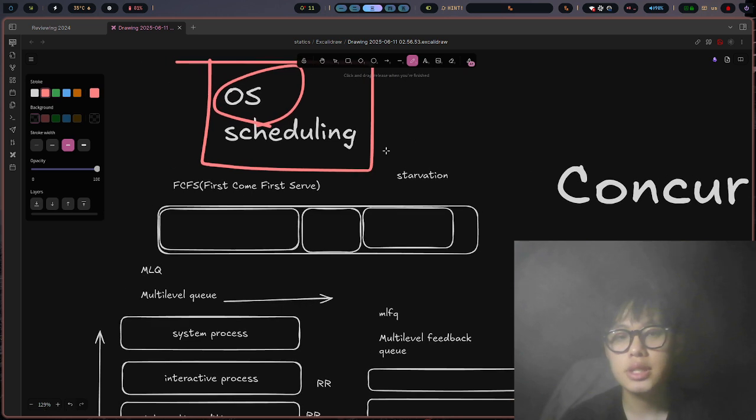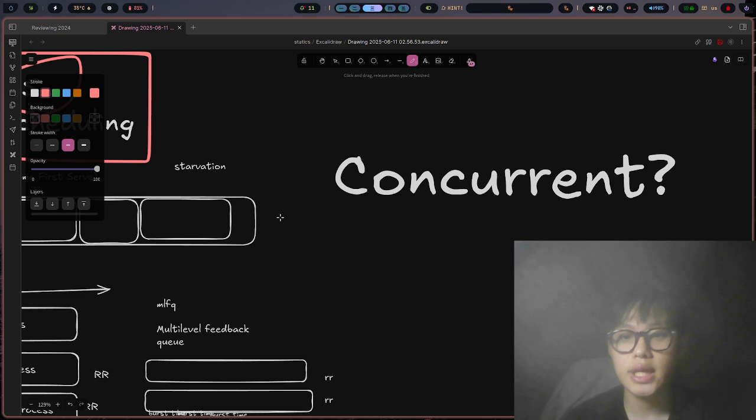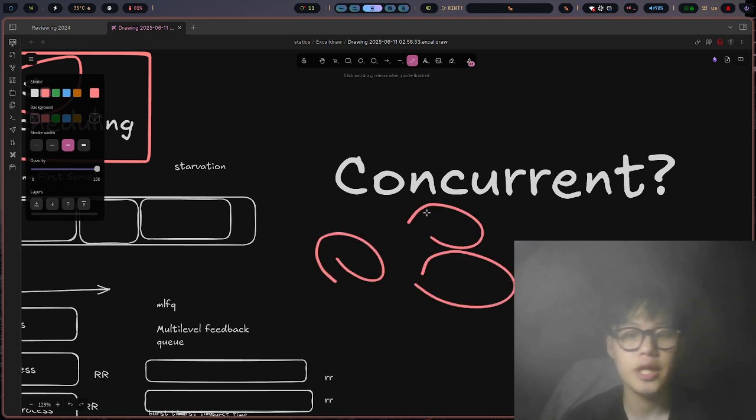And with scheduling, there's a process and there's another process. The processes have to be handled based on priority or interactivity. For example, for the UI there should be no latency.